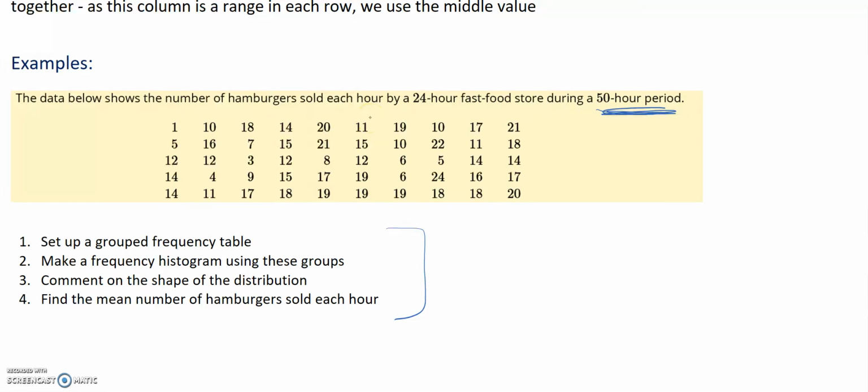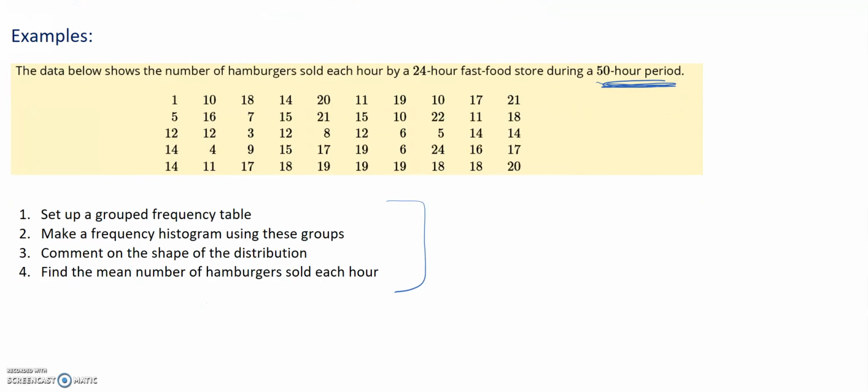So what we're going to do is have a look at the minimum and the maximum amount of burgers sold. If you have a look, the minimum amount is 0 and the maximum amount is 24.